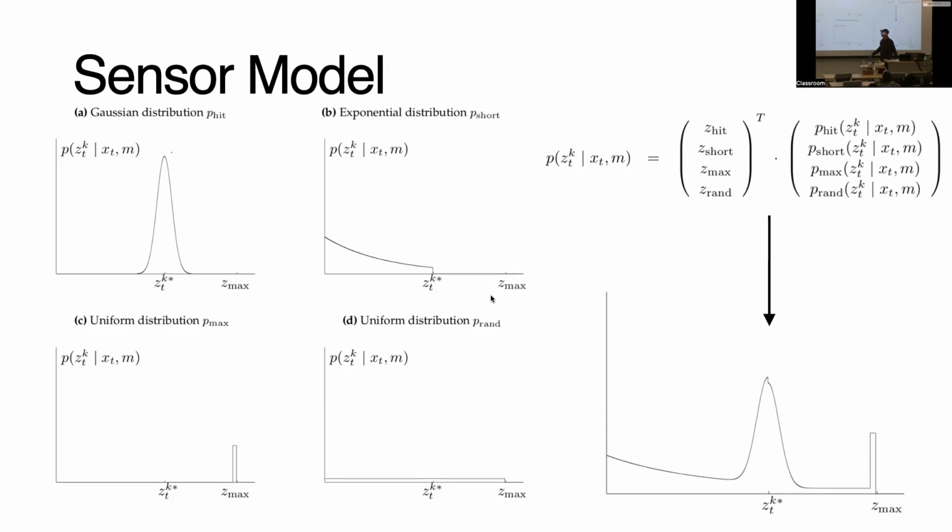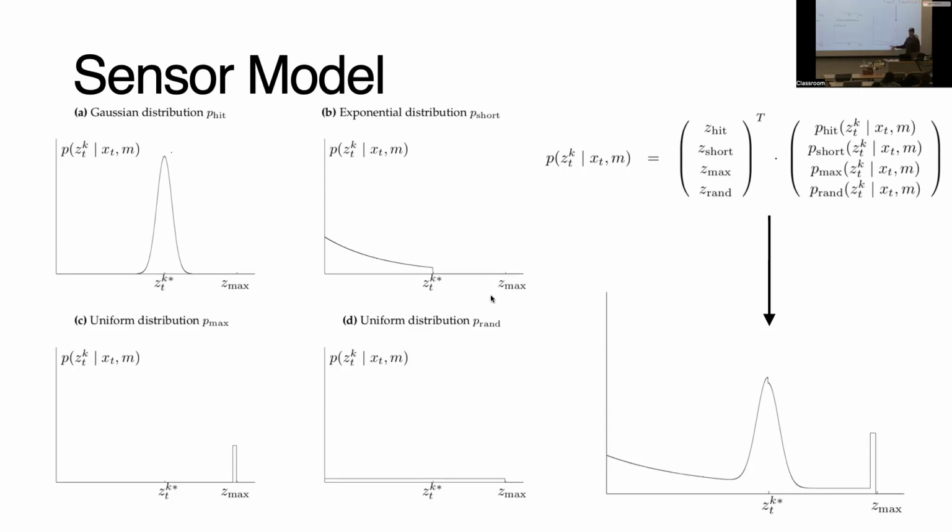And that's actually a fairly large probability, because that would happen if, say, our laser bounced off something reflective and went off in a different direction, and we didn't actually see its return. We might think it's hitting the max, okay? And so if you add all these together, you get this weird sensor model distribution that looks like this, all right?